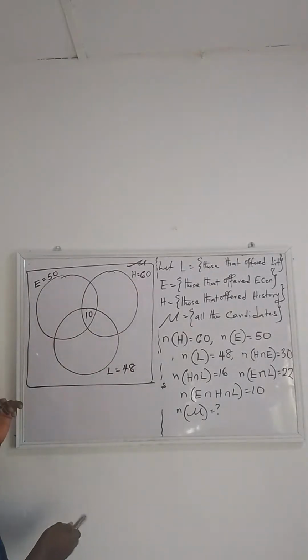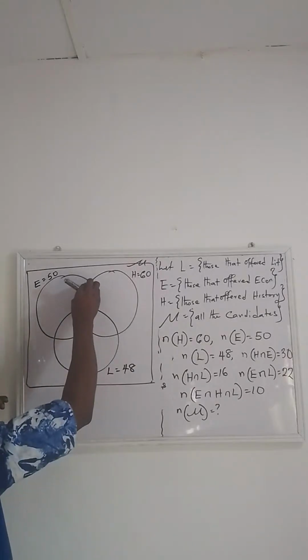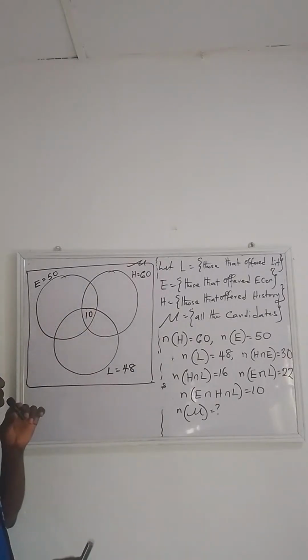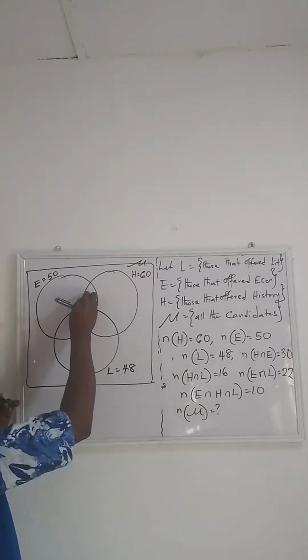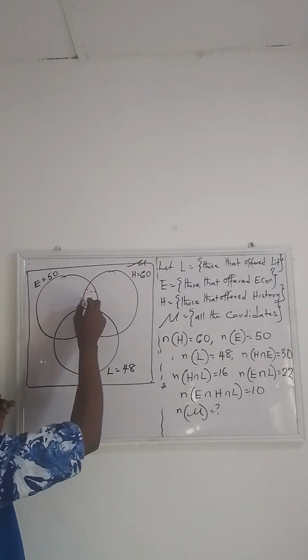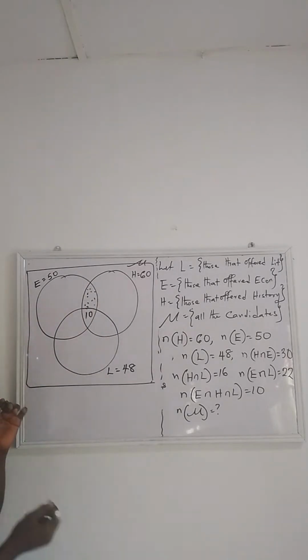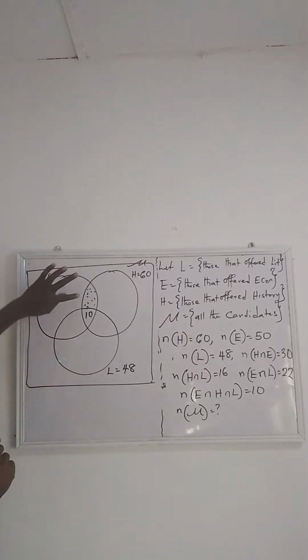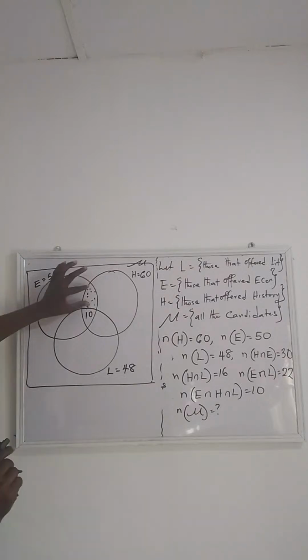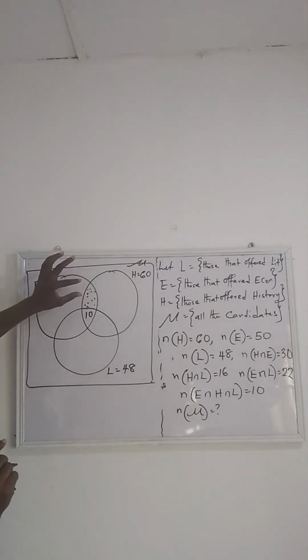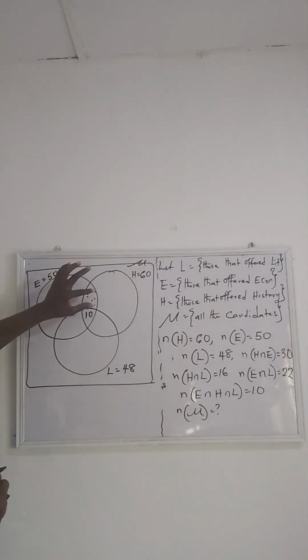So now what we are given is just this region. The region here is the region of those that offered economics and history only. That is, they did not offer literature.